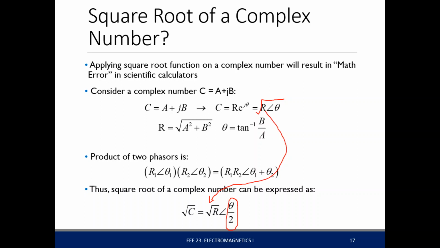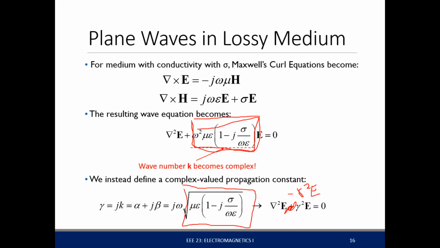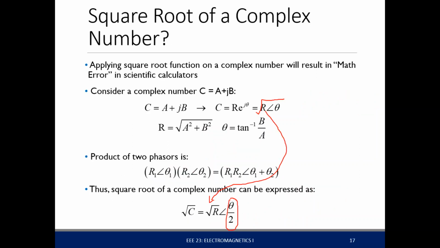Okay, so now what will happen to our field or our electromagnetic wave when we are in a lossy medium? If you solve this differential equation right here, Laplacian of E minus gamma squared E equal to 0, let's consider the case when we are propagating only in the z direction.